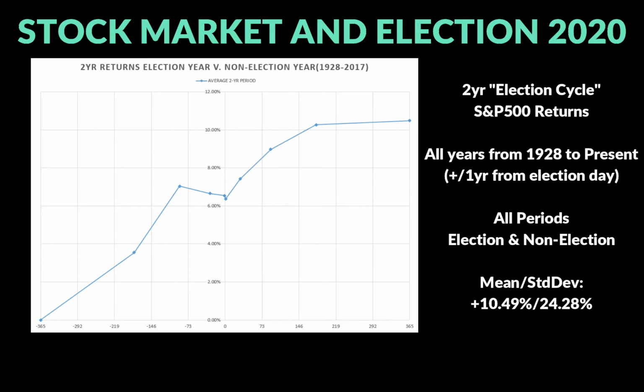So this is all the different election or non-election years. And what you can see is that the returns on average were 10.5% for 2-year returns. And there was this sort of time period right around the election, which is right here at this 0. And then you can also see that there's a little dip down during the time of the election. So my first suspicion was that this sort of muted return period right before the election was because of the upcoming election.